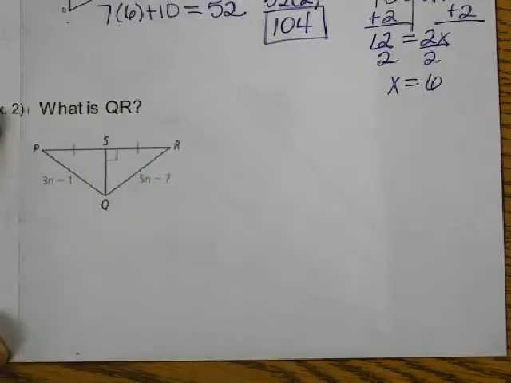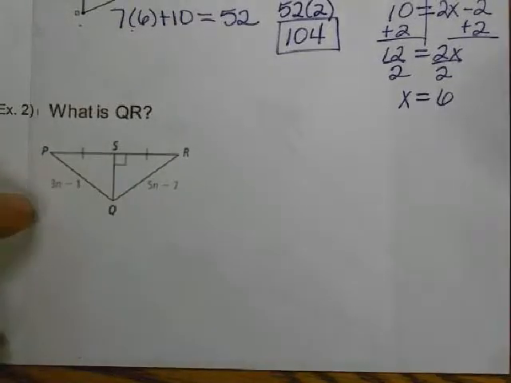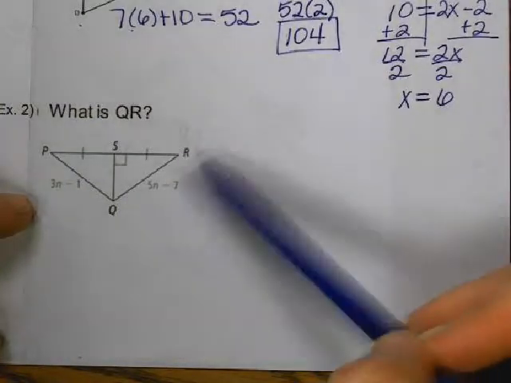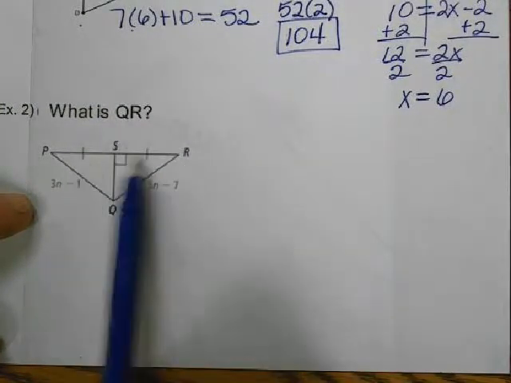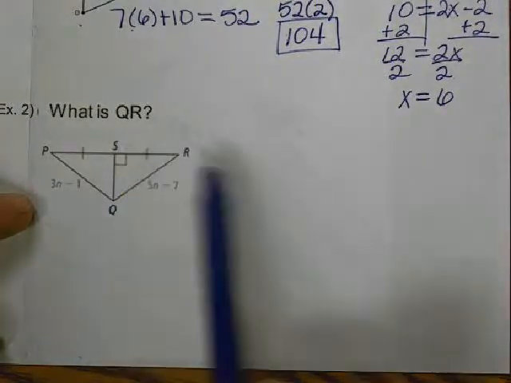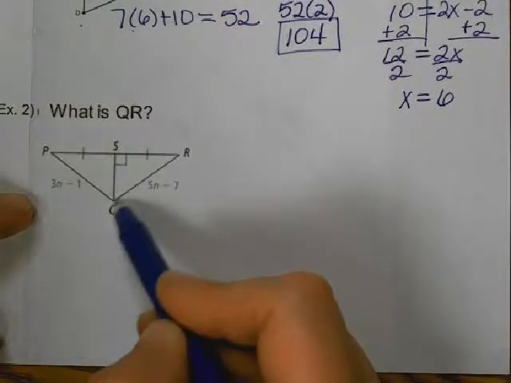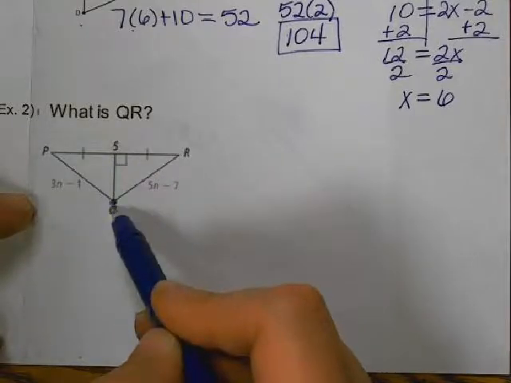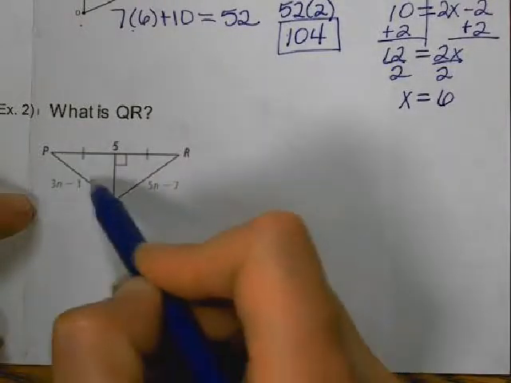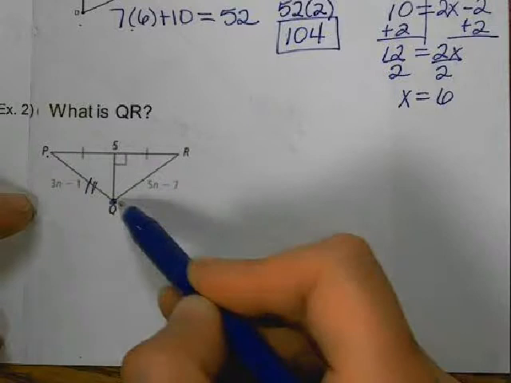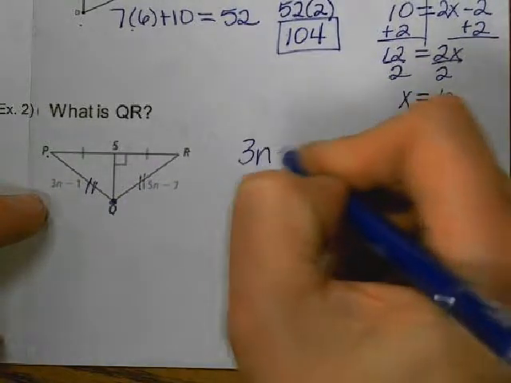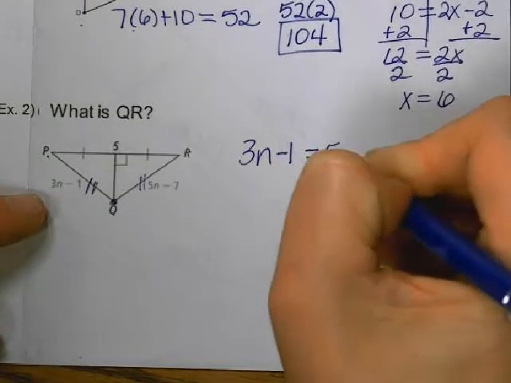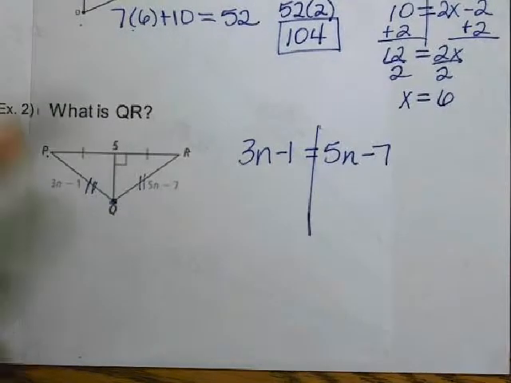Alright, another example. What is QR? Well, QR is this length right here, and this is a perpendicular bisector, and that's because I know that these are the same lengths. So what does that mean? That means point Q, since it's on the perpendicular bisector, is equidistant from here to P as it is from here to R. So 3n minus 1 equals 5n minus 7.